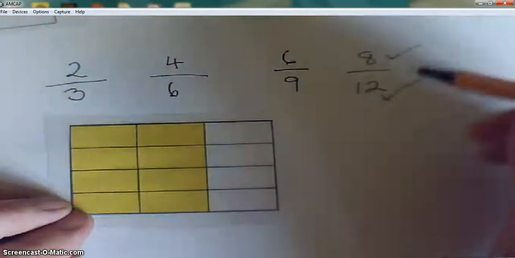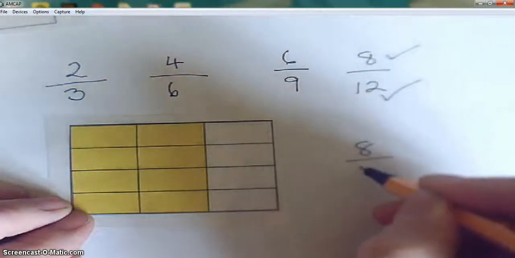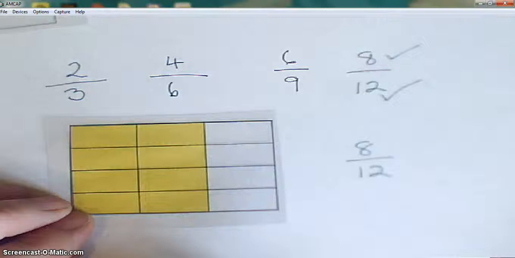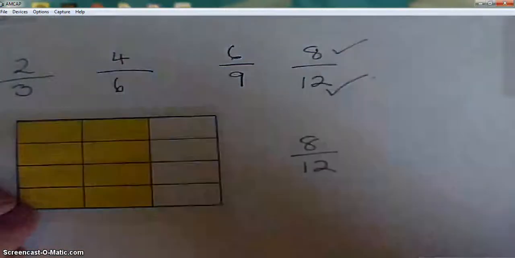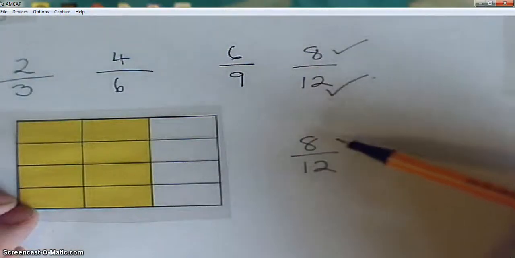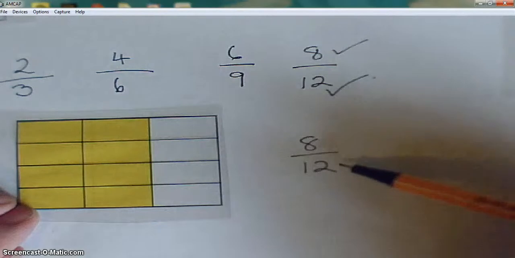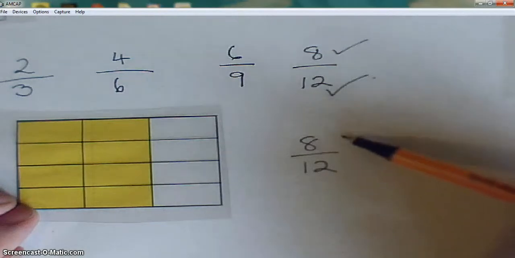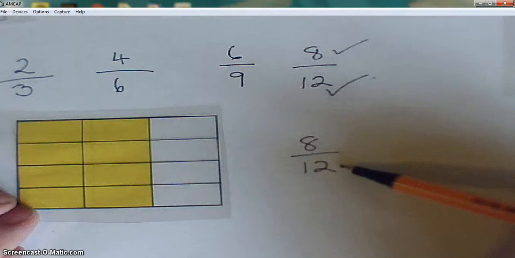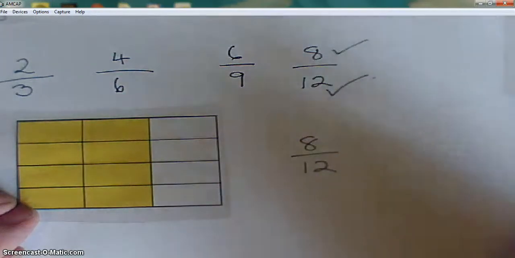It could work the other way around as well. If you have got 8 12s, and the child now has to think, what's the highest common factor which goes into 8 and also goes into 12? Which number fits into 8 that also fits into 12? What do we have to divide this by and this by to get back to that very basic fraction that lies beneath here?